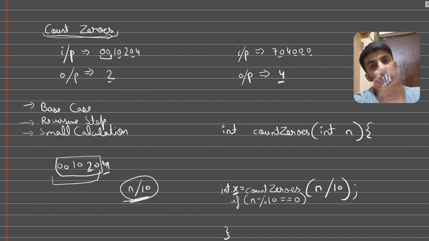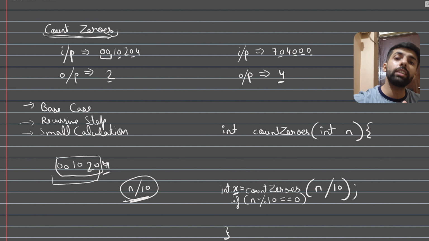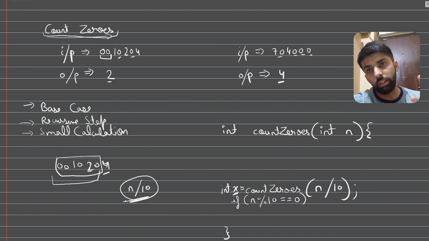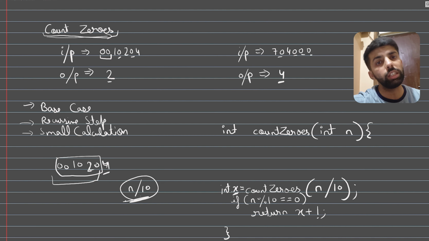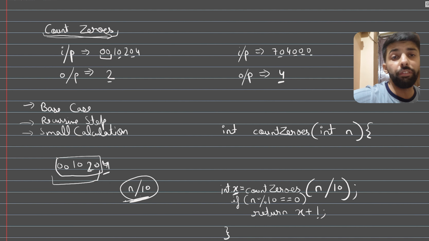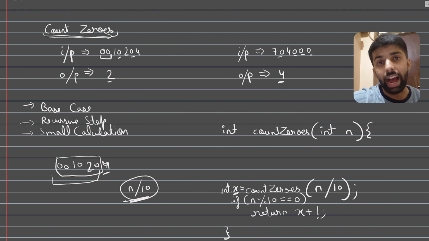If recursion got 2 zeros and if my last digit is also 0, that means there are total 3 zeros. So I will return recursion's answer plus 1. That means this plus 1 is for my 0. This is true if the last digit is 0, which I had to check, right?